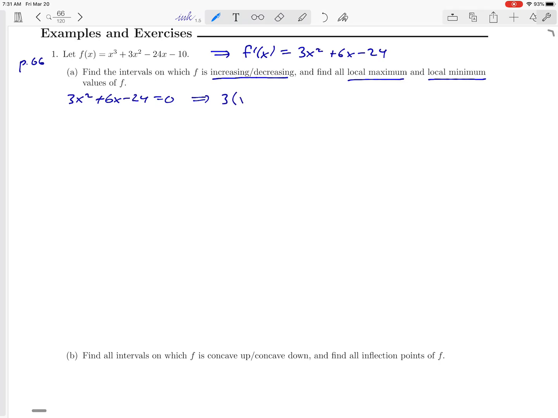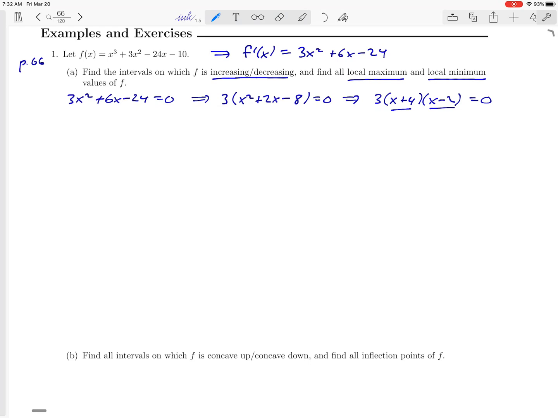All right, and you might notice in this case that this factors. We can pull a 3 out of there. Okay, and that factors further into 3 times x plus 4 times x minus 2. Now that it's in factored form, hopefully you can look at that and see that we're going to get two solutions.